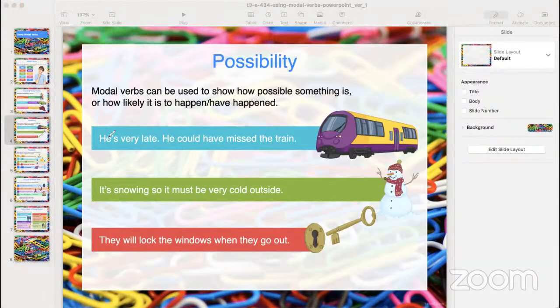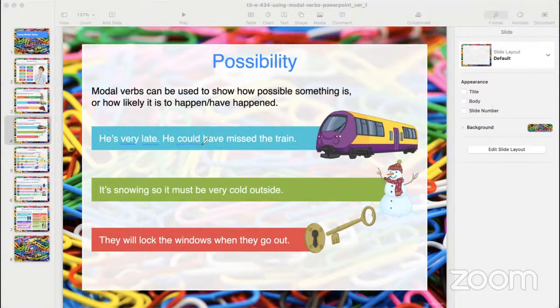Here is an expanded sentence. Could can be used to show how possible something is or how likely it is to happen or have happened. He's very late. He could have missed the train. So he's very late, telling you how late he is.